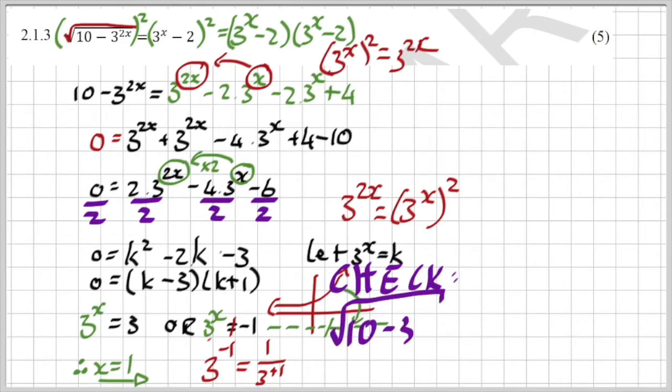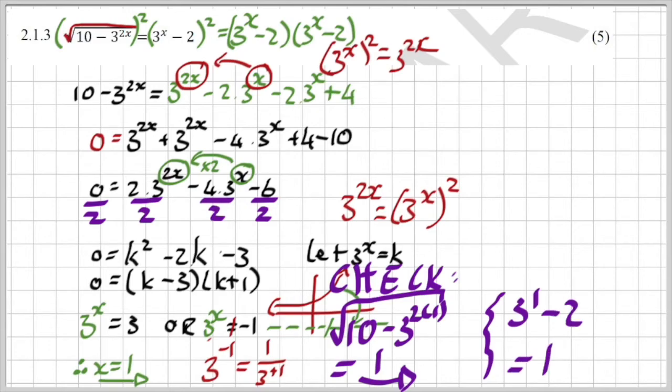So checking my answer, substituting x with 1, my left-hand side is equal to my right-hand side. Humblest apologies for writing over each other. I'm just substituting that x equal to 1 in the left and on the right, and it does work out, so I know that x is 1.